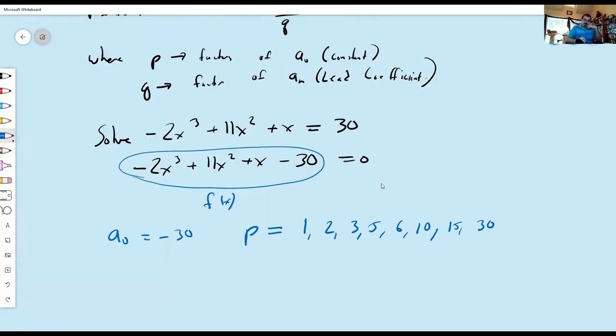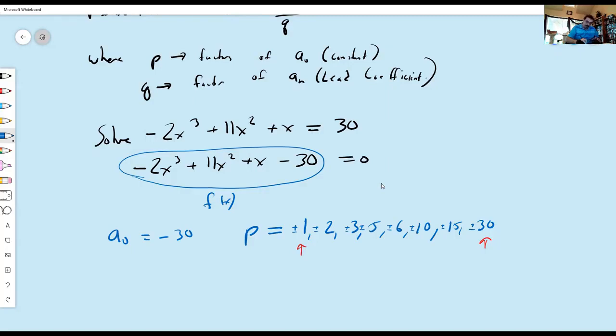To get minus 30, I could multiply a plus 1 with a minus 30, or I could multiply a minus 1 with a plus 30. So what I'm saying is, to get minus 30, 1 could be positive or negative, or 30 could be positive or negative. So when I go through here, everybody has to have plus or minus on here, because I don't know which pairing to use, and I also don't know which is positive or negative. So I have to have all of them.